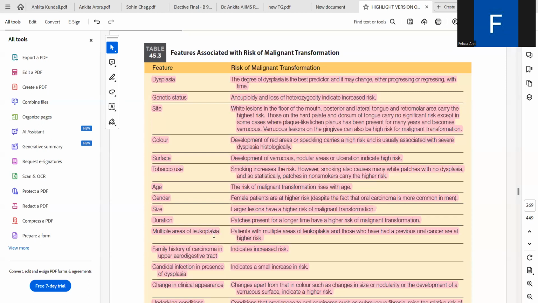Then multiple areas of leukoplakia. Patients with multiple areas of leukoplakia and those who have had a previous oral cancer are at higher risk. And family history of carcinoma in the upper aerodigestive tract indicates increased risk.